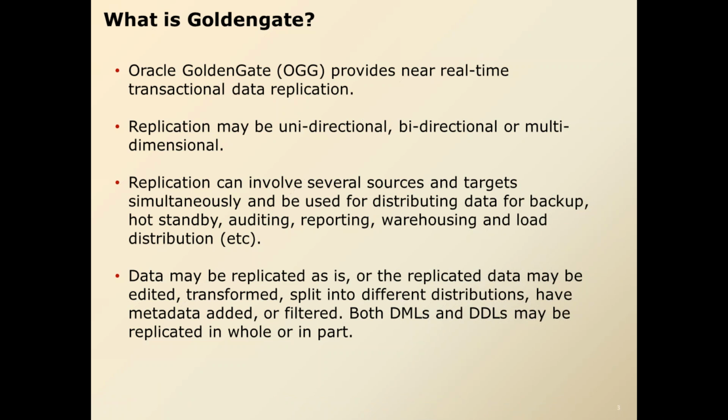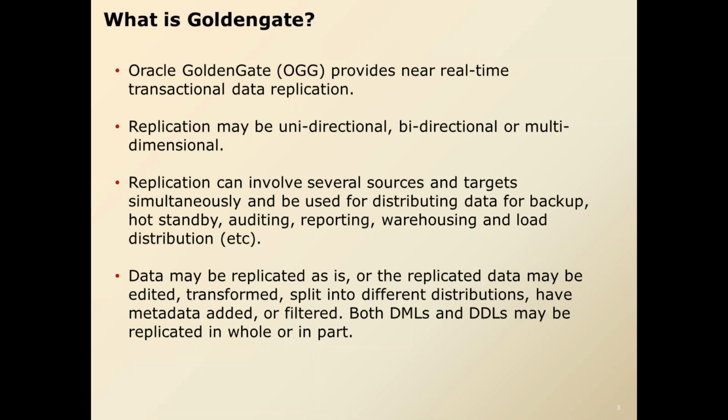Replication can be unidirectional, bidirectional, or multidimensional. So you can replicate the data one to one, or in both directions in a bidirectional scenario, or multidimensional. So Goldengate is a data integration tool, you can say. Apart from data replication, you can integrate the data as per your requirement.